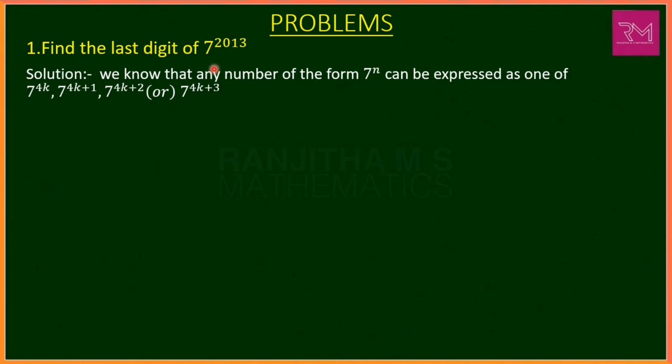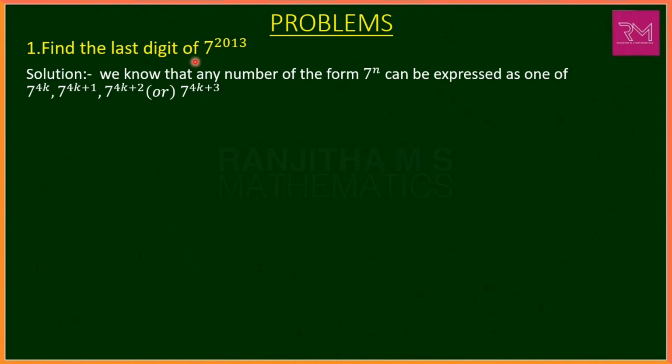But it is very difficult to find the remainder for the bigger value. Here we don't know the value of 7 power 2013, so we are using this method to find the remainder for the larger value.